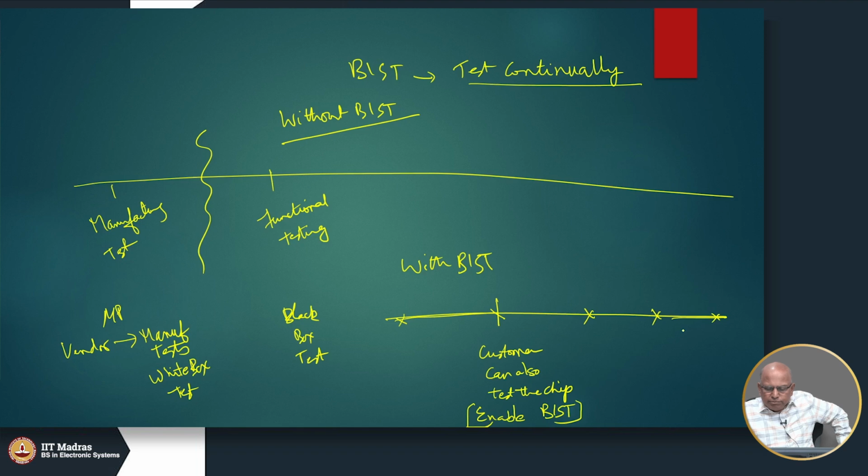Where is this useful? See, the chip may have been good here, right? When it was sold to the customer, it was a good chip. But over a period of time, it may develop faults because of reliability problems. Okay, so it may age. The chips will age, and as a result, they may become faulty.